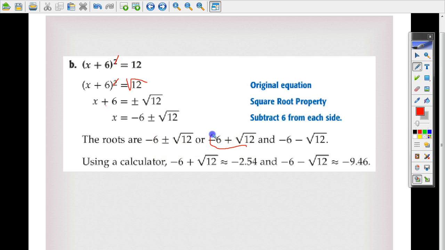So negative 6 plus square root of 12, negative 6 minus square root of 12. Use a calculator, because 12 is not a perfect square. So if you use a calculator, it'll give you some decimals here, and you just round it to your tenths or hundredths, whatever they ask you to do.